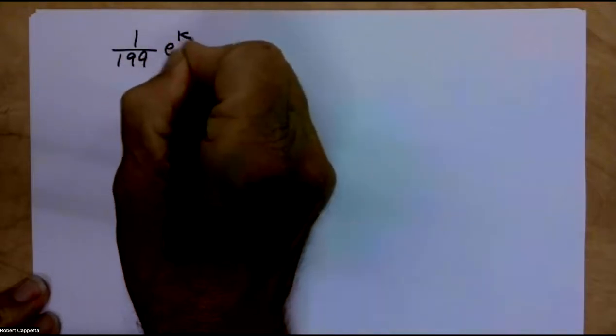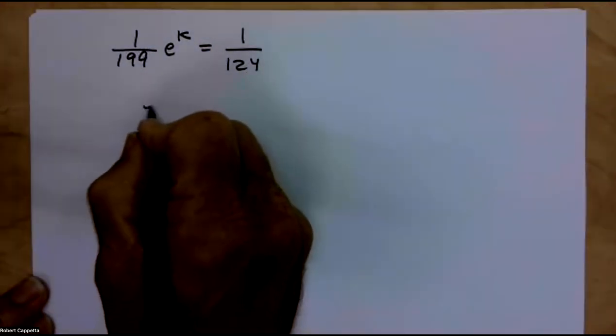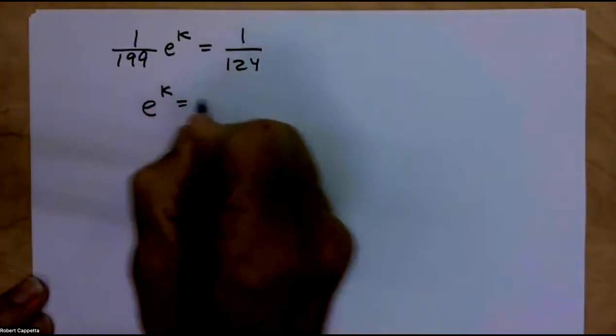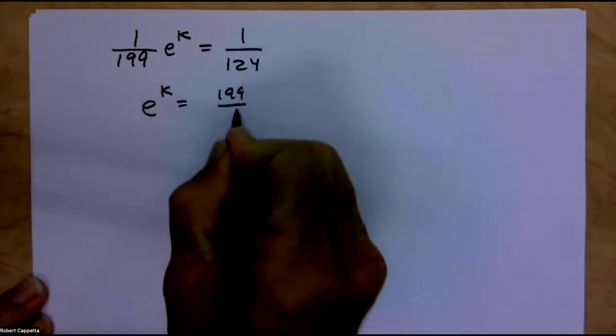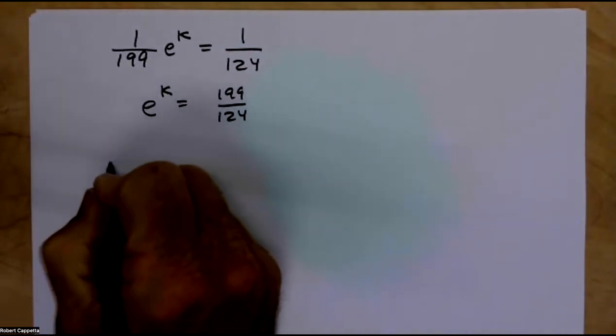So our last line was 1 over 199 e to the k equals 1 over 124. Multiply both sides by 199, and we get e to the k is 199 over 124. The next thing to do is take the natural log of both sides.